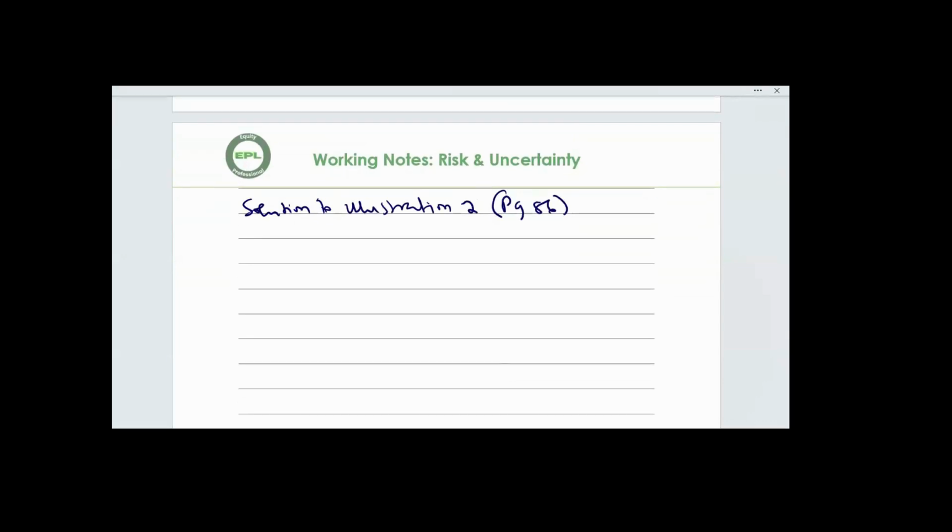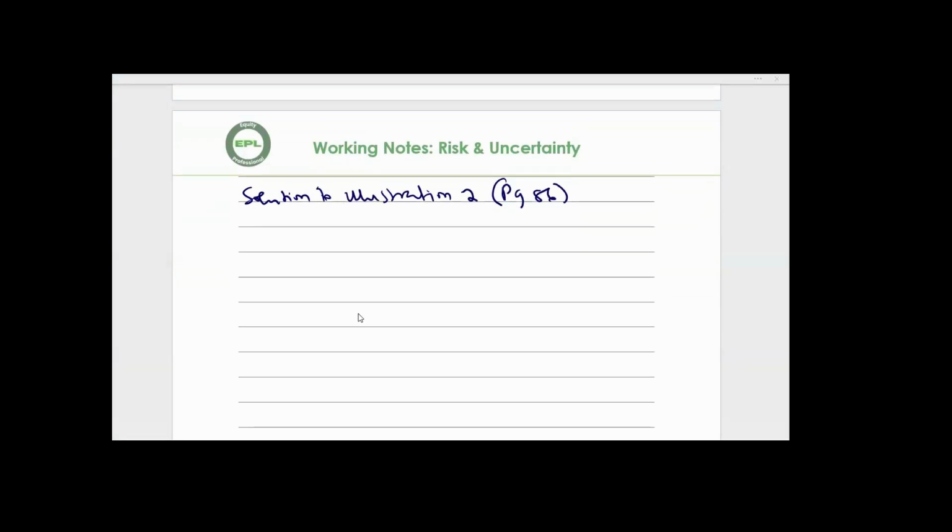The name of the company, is it given? No. We're not given the name of the company, so you ignore.